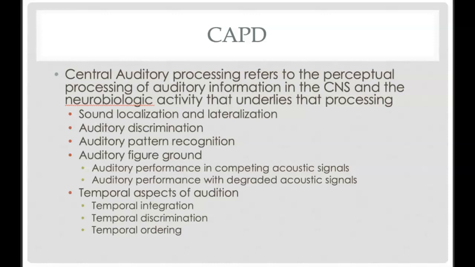They usually use 880 hertz and then 1,000 or 1,100 hertz, so it might be low, low, high, or low, high, low, and they have to recognize those patterns. Auditory figure ground is essentially listening in competing background noise. And then there are temporal aspects of audition.